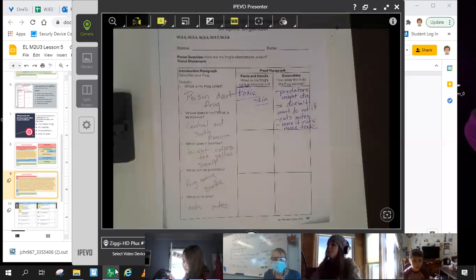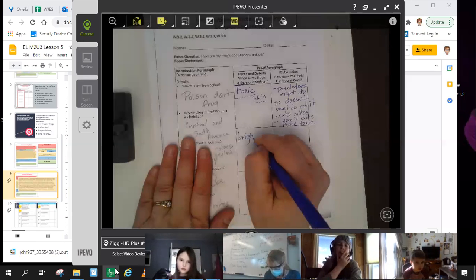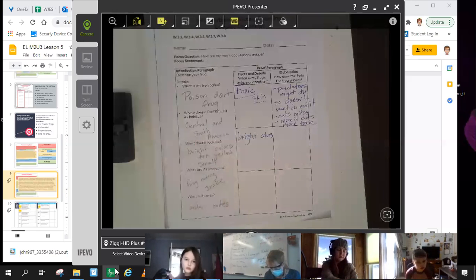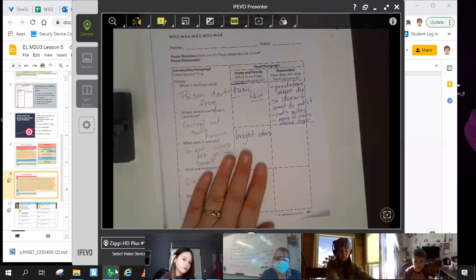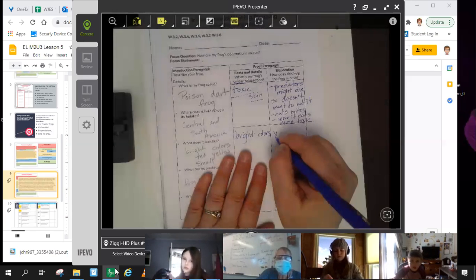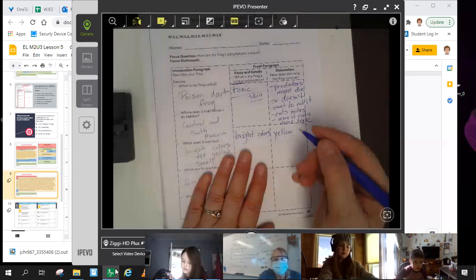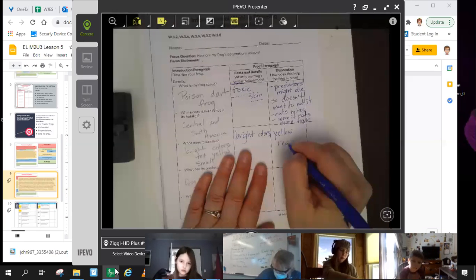It's bright colors. Exactly. Bright colors. And then what colors do they come in sometimes? Yellow, because we know about that one from my research, the Phyllobates terribilis. And we know that the strawberry dart frog is red.